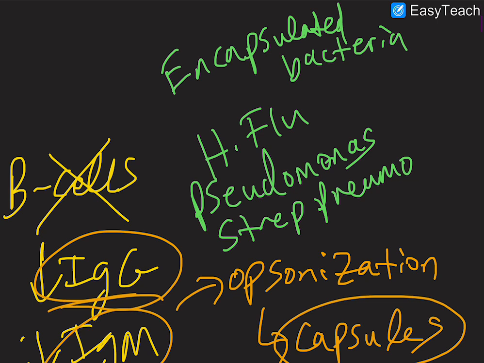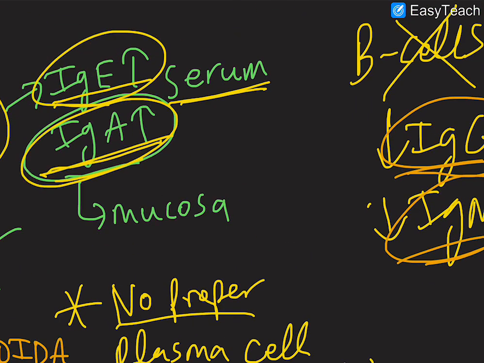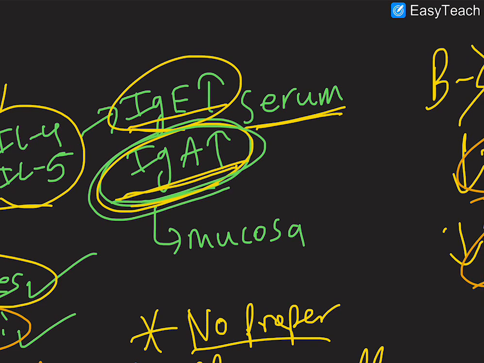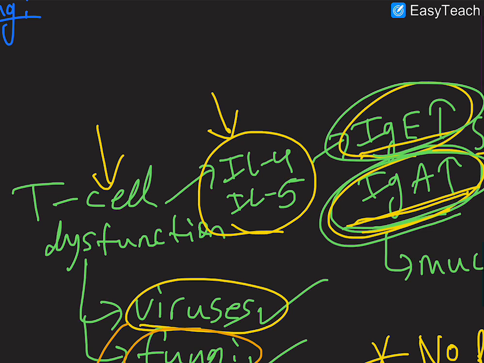All right. And then, of course, we said that we may see elevated IgA and IgE in the serum because your T cells are dysfunctional and they may skew towards cytokines usually released by Th2 cells, which are interleukin 4 and interleukin 5.